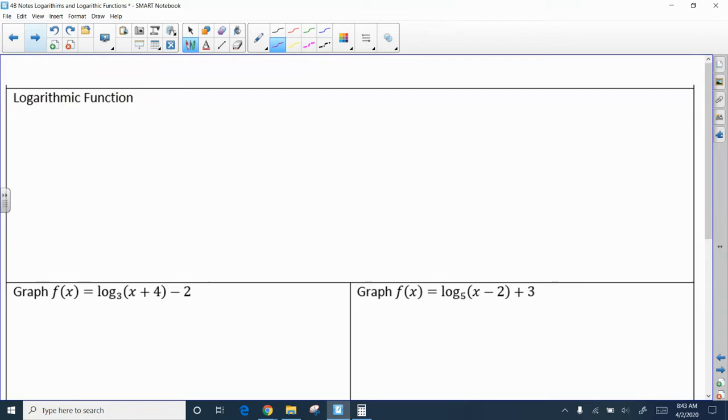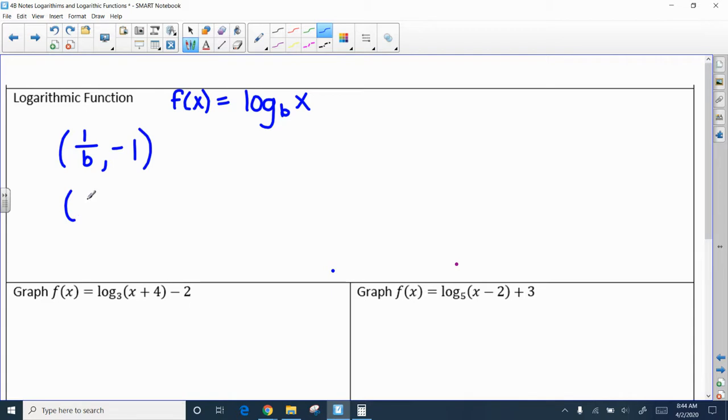So we're just going to summarize a few things about a logarithmic function. A logarithmic function is in the form f of x equals log base 2, or sorry, it can be any base, not just base 2, log base b of x. So the points on this function, as we saw, it's going to have the point (1/b, -1).